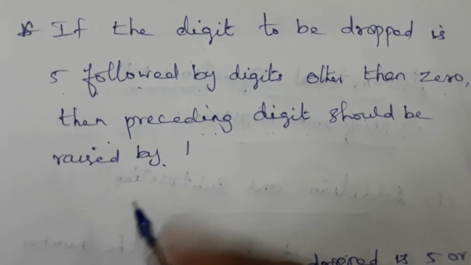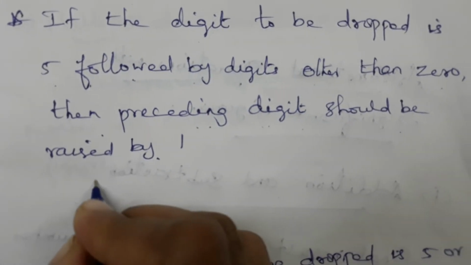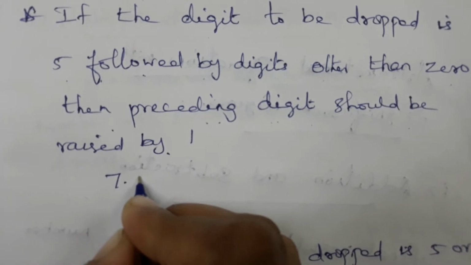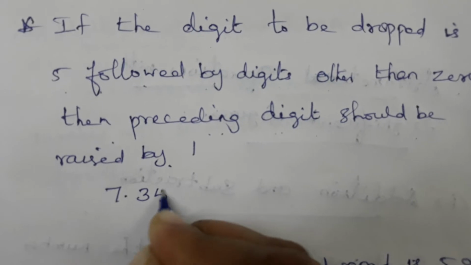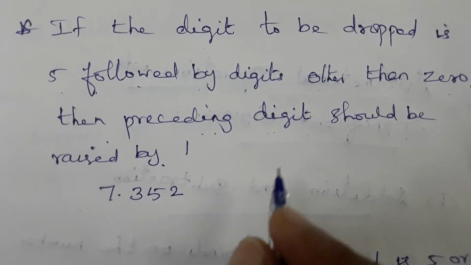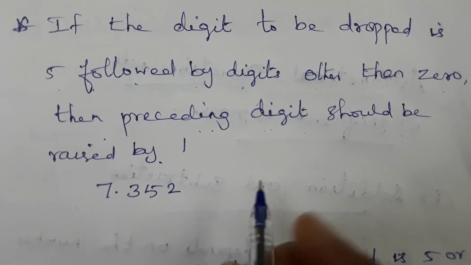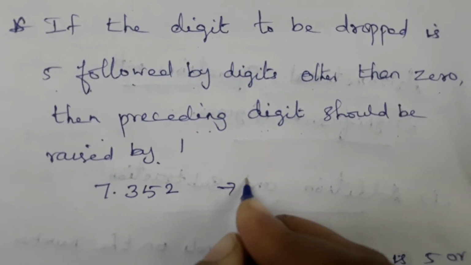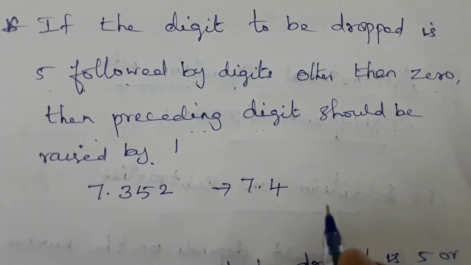For example, 7.352 being rounded off to the first decimal becomes 7.4.